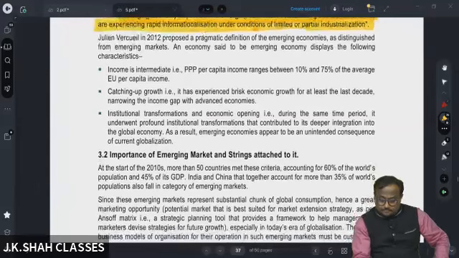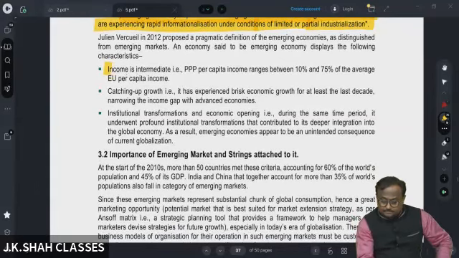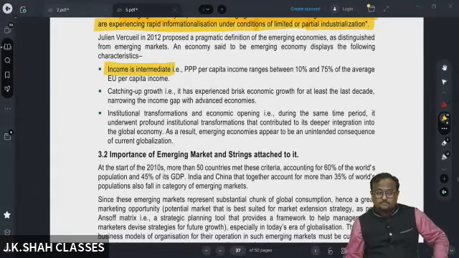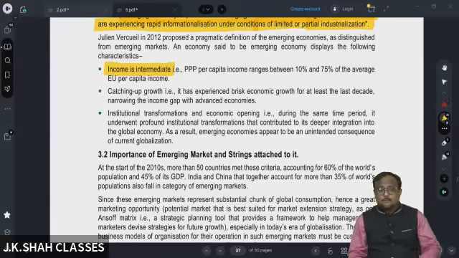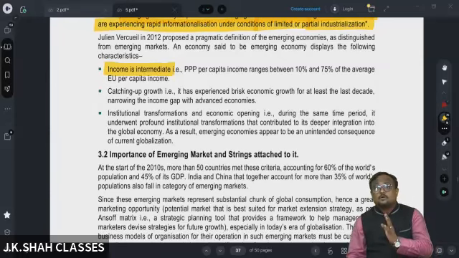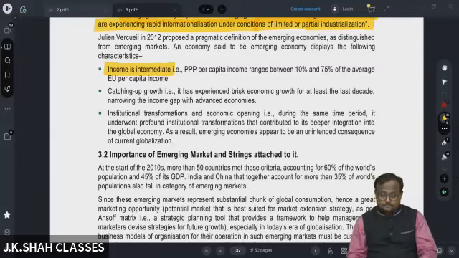So basically, income is intermediate. Income is intermediate means, see, if you talk about the European economy, a major part of the European economy is contributed by the purchasing power of their customers, which ranges between 10% and 70% of the revenue of European Union per capita income.